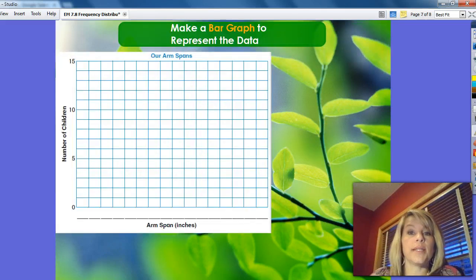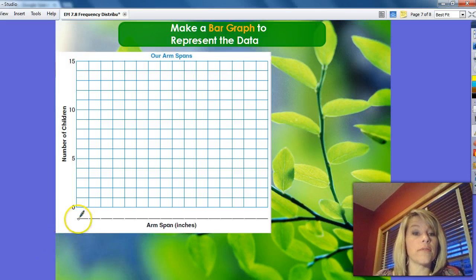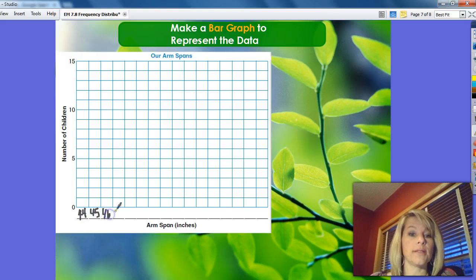And finally, I can take that set of data and represent it on a bar graph. So here's an empty bar graph. To complete the bar graph, we need to fill in the numbers on the bottom, which is the arm span in inches, and the lowest number and minimum number was 44. And I count all the way up by ones until I get to the end.